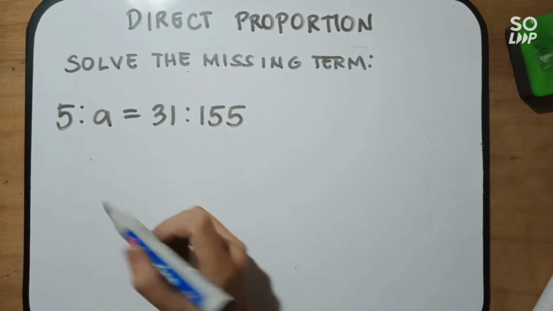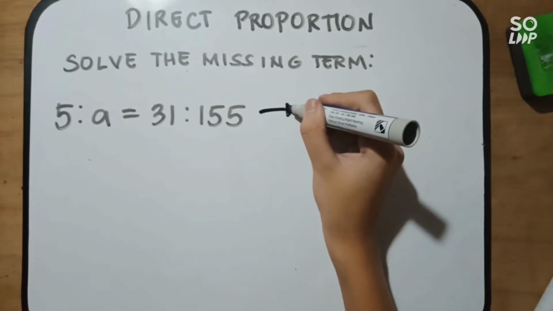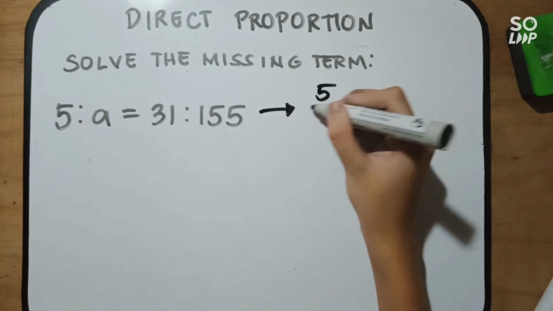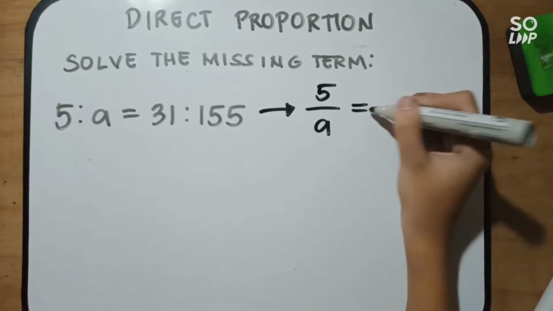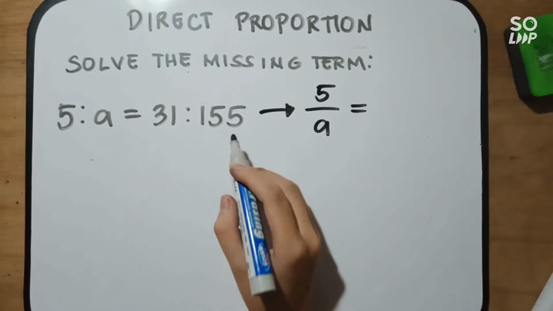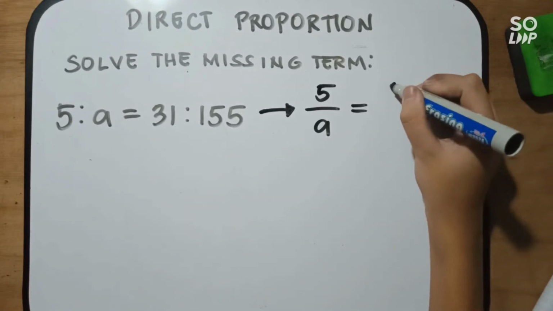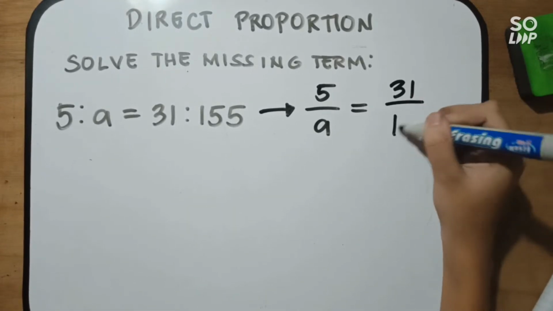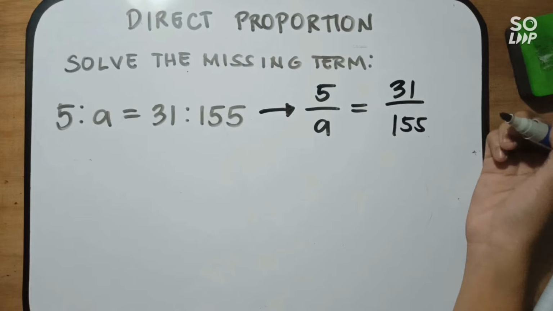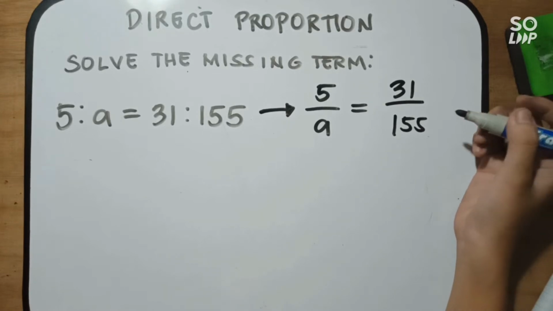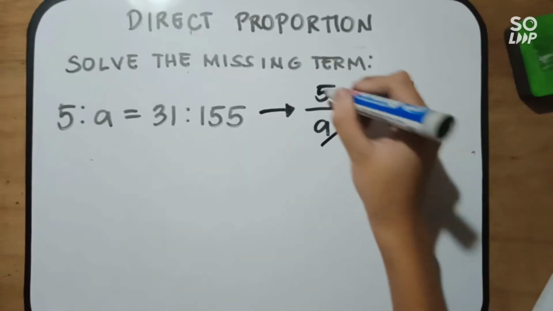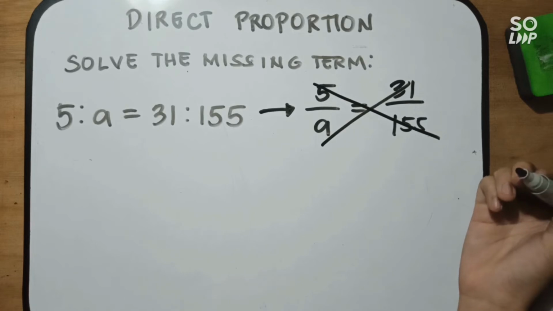So 5:A is expressed as 5 over A equals 31:155, expressed as 31 over 155. The next step is to cross multiply the fractions.